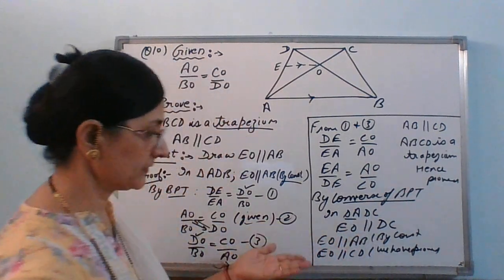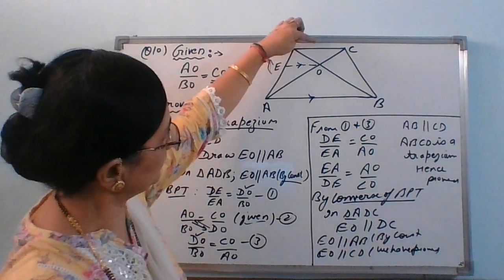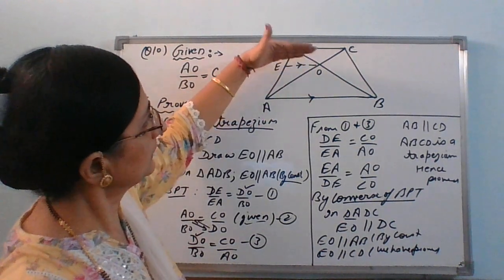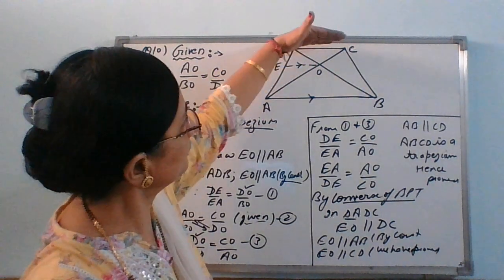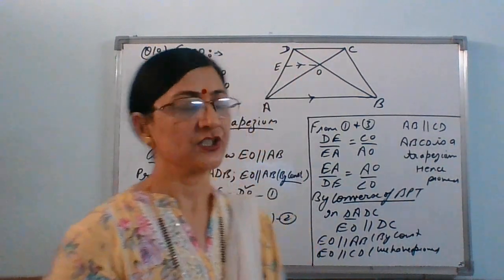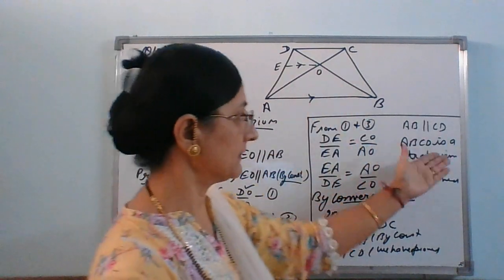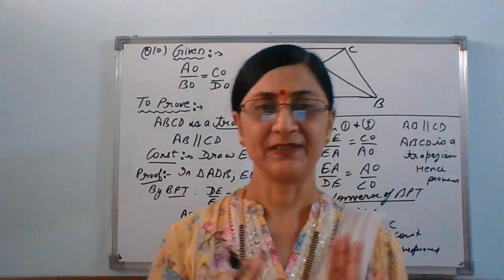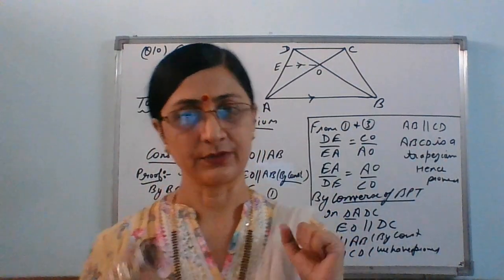So ये converse से prove हो गया कि EO इसके parallel है. It was already parallel to this. So ये common जो line है EO इसके भी parallel था, इसके हमने prove कर लिया. So AB and CD are also parallel to each other. When they are parallel, so yes, ABCD is a trapezium, and we were supposed to prove that it is a trapezium. So 9th and 10th they are converse of each other.